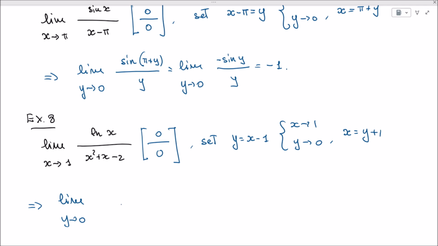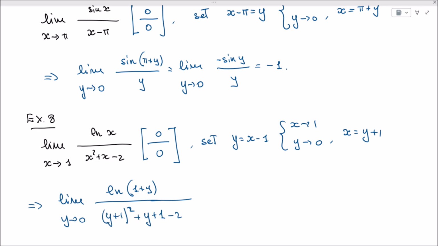And then we have what? Well, we have x squared, which is y plus 1 squared, plus x, so plus y plus 1, minus 2.